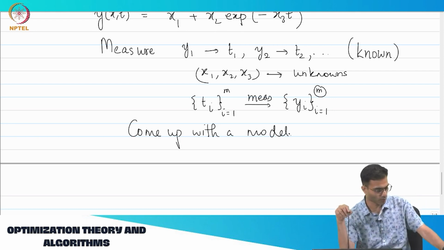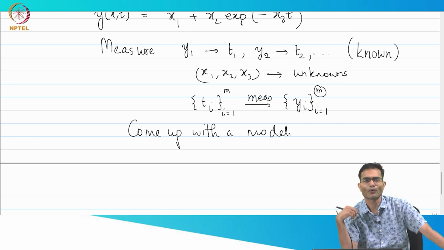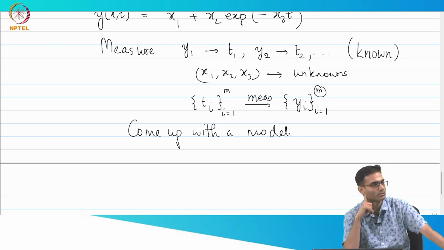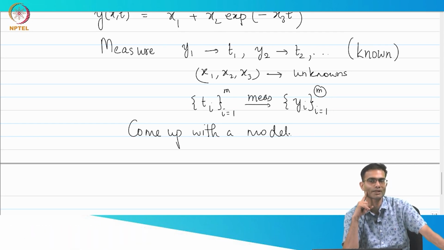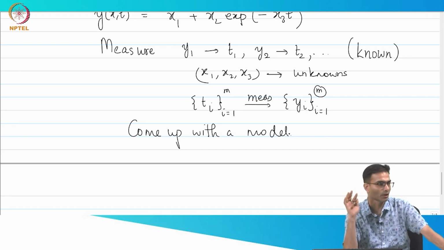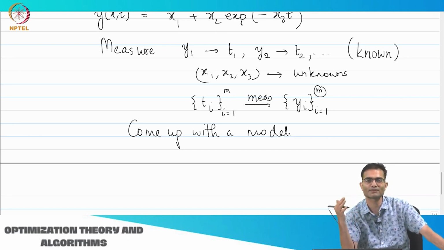Now supposing I do come up with a model, what would be a sensible way to test how good the model is? What is the measure of goodness of the model? No, I am not asking how to solve the problem. I am asking you, having gotten a model, how would you assess whether this is good or not?